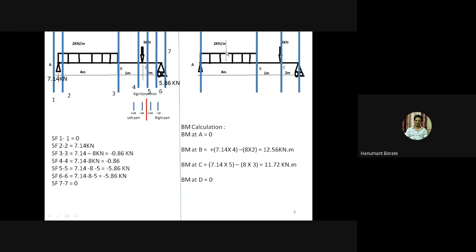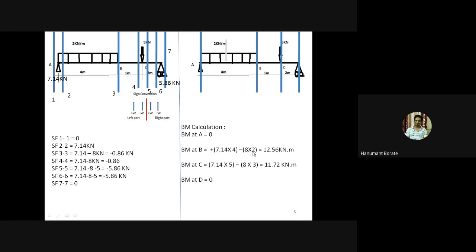And second, to do the calculation of bending moment, we need to convert this UDL into point load. So I have shown here this point load, and the intensity of point load is 8 kilonewton. If the intensity of point load is 8 kilonewton, then the moment is 8 kilonewton into 2 meter distance.